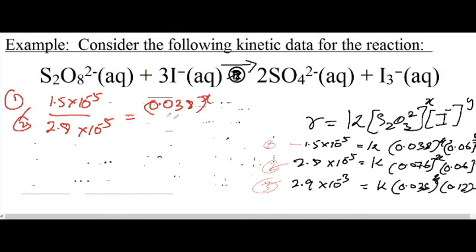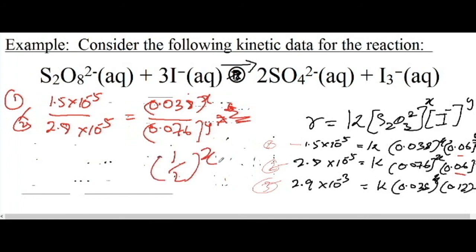K will cancel out, into X over 0.076 into Y. Here 0.06 and 0.06 cancel out, then here 0.03 and Y cancel out, no problem for this side, and then the answer will be 1/2 into X, and here also approximately equal.